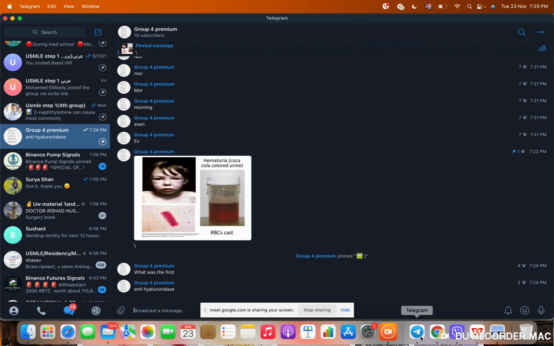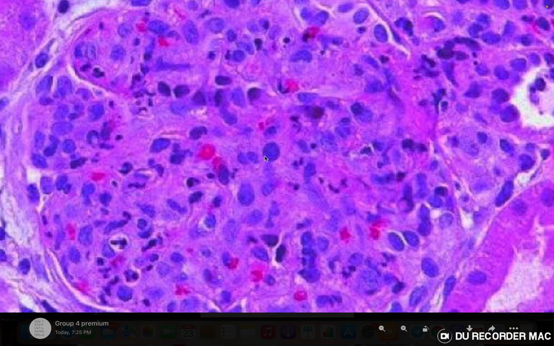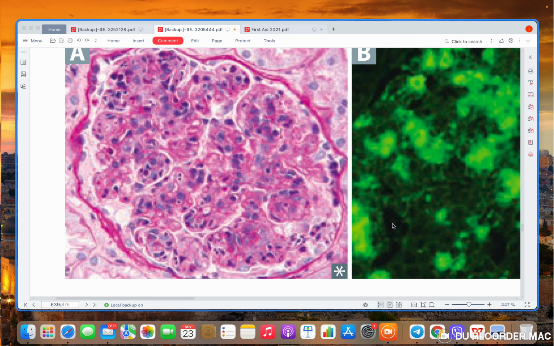Let me post this one. Sorry. As you can see here in the picture, there are a lot of cells from the kidney itself. But notice there are a few nuclei that look weird. They are not from the kidney. They are inflammatory cells coming to the kidney just because of the inflammation. So let's go back here. So yep.